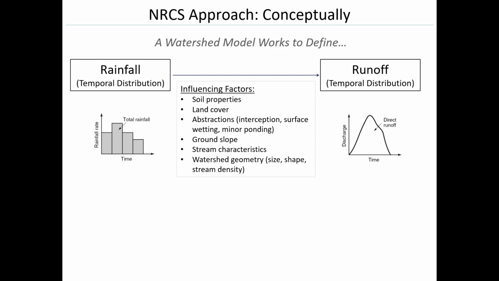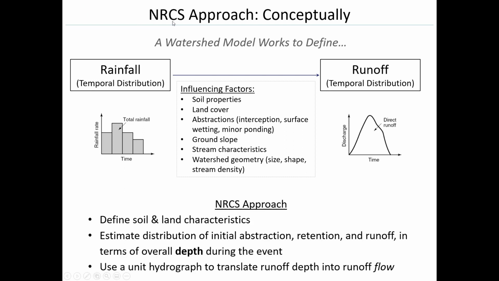There's a little bit of attention applied to abstractions, although the depth of sophistication in soil properties and land cover is much higher than what they're attempting to do with abstractions. But things like slope are accounted for, some of the stream characteristics and the shape of the watershed. All of these things can be accounted for in the NRCS approach.